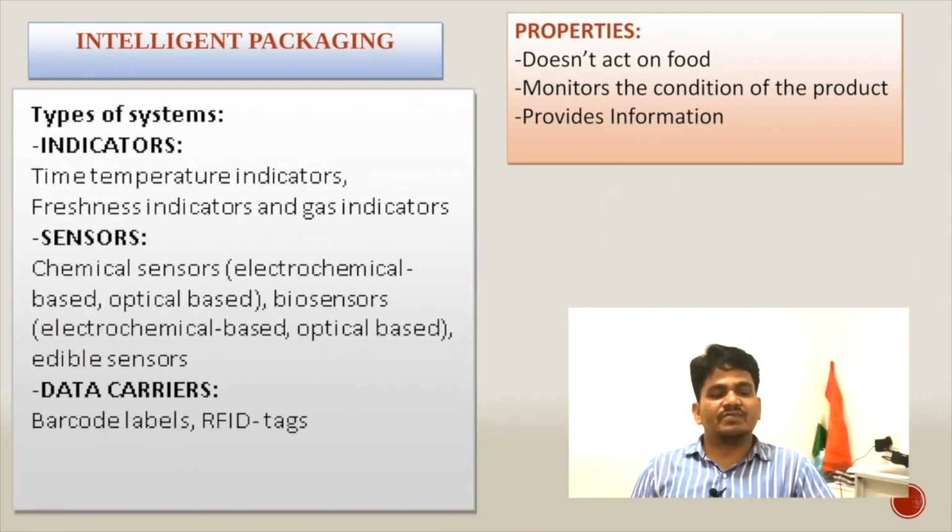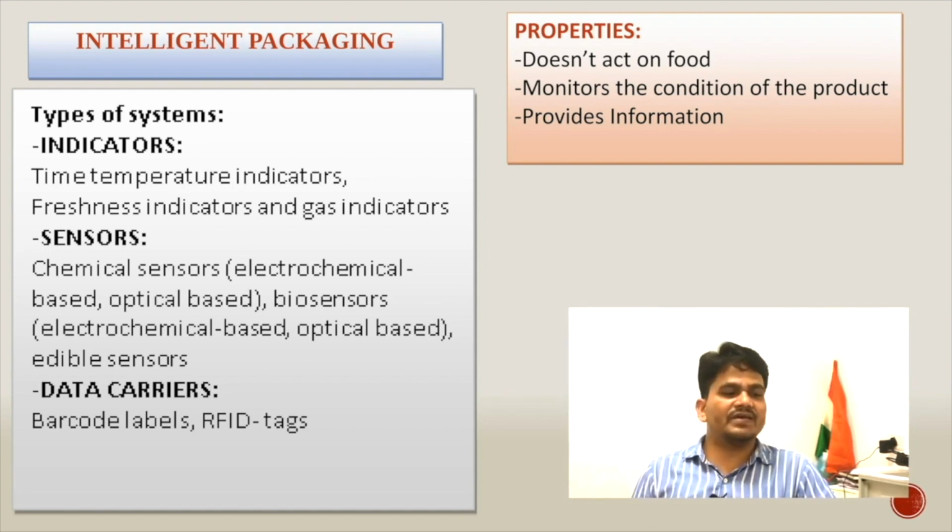Under smart packaging there are other indicators like time temperature indicators, freshness indicators, and gas indicators. In terms of sensors, we can see chemical sensors that may be electrochemical based or optical based, and biosensors that can also be electrochemical based or optical based.